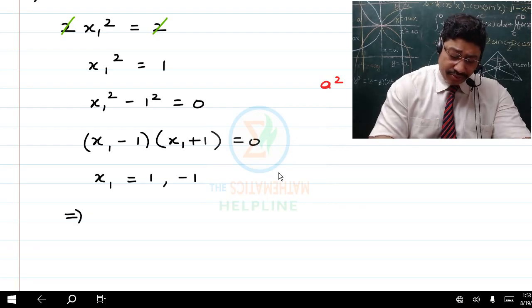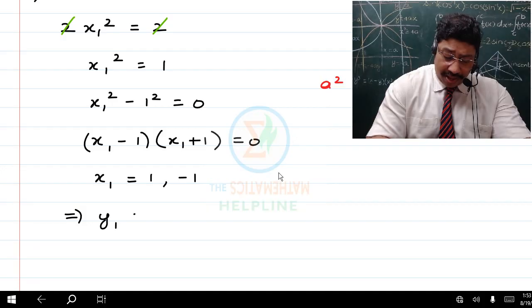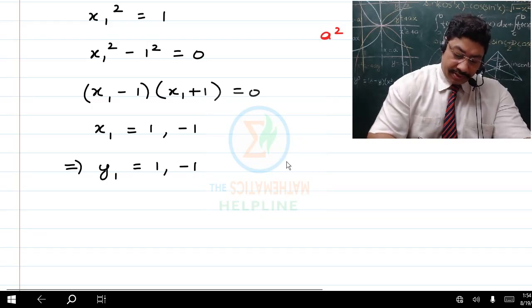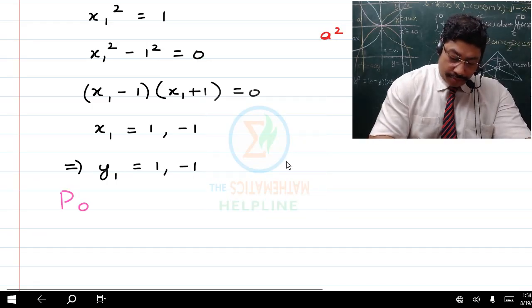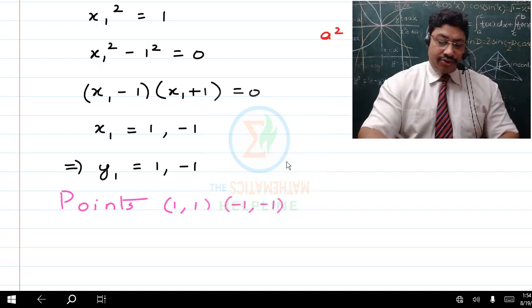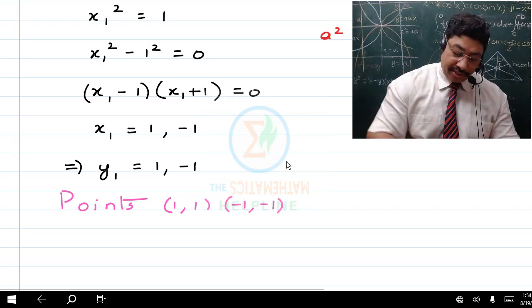And this tells you, since x1 is equal to y1, so y1 will also become equal to 1 or minus 1. So next, now we can talk about the points. So the points will thus be 1 comma 1, or it will be minus 1 comma minus 1, right? Now children, is the task of finding out the equation.